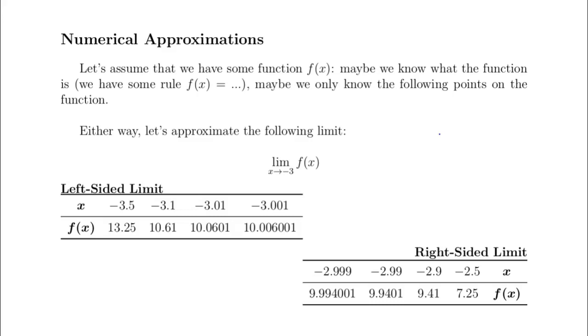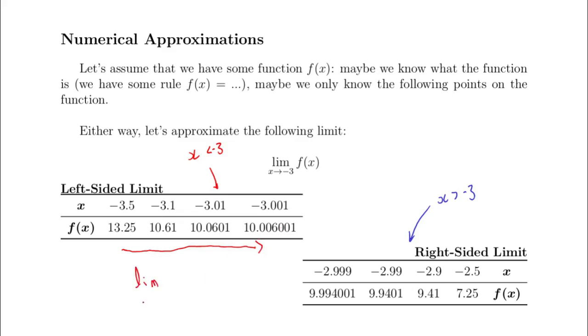So here are the points that we have. You'll notice, conveniently, we're given a lot of points with x values close to -3. On our left-sided limit, we have all these x values that are close to -3 but less than -3. And on our right-sided limit, we have all these x values that are close to -3, but bigger than -3. For each of these x values, we have corresponding y values. So for our left-sided limit, we can follow our y values this way and numerically try to guess what they're approaching.